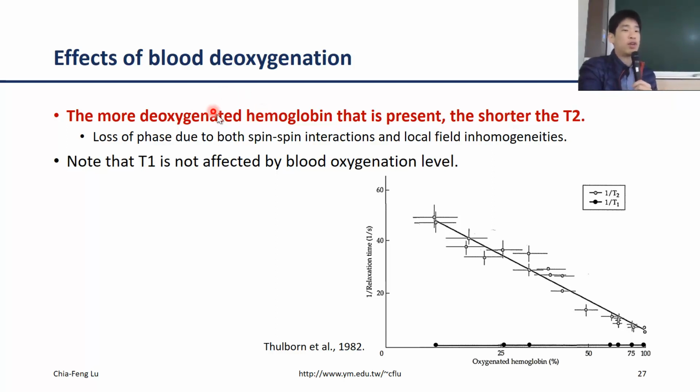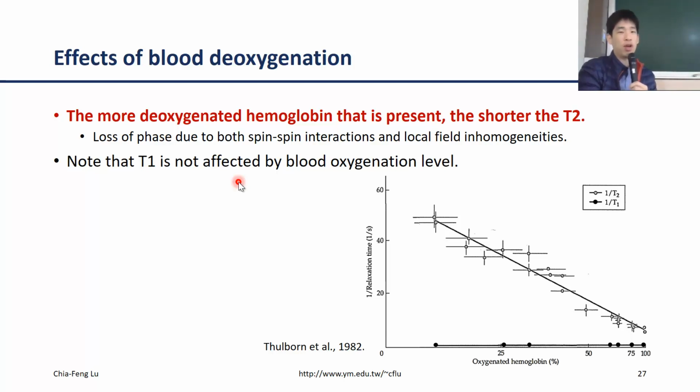So if you have less deoxygenated hemoglobin, it will cause less effect in shortening the T2 relaxation time. Anyway, this page is presented for the people who have an MRI background.